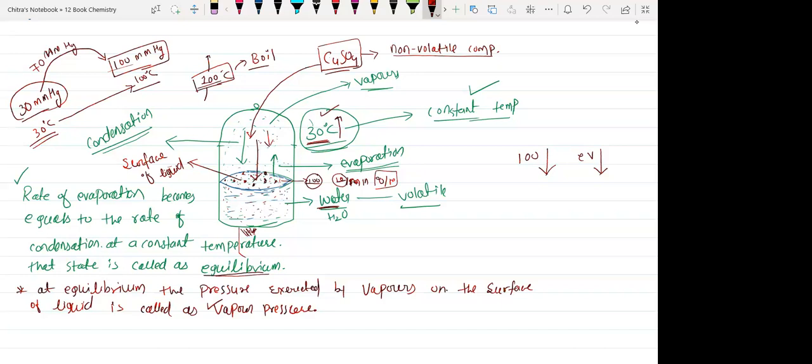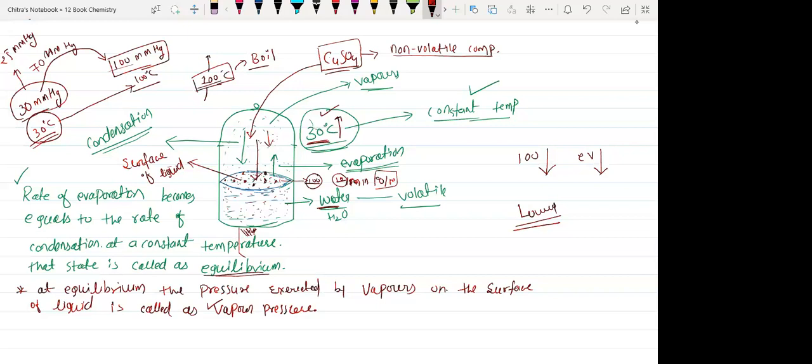That we discussed yesterday also, lowering of vapor pressure. So here lowering of vapor pressure takes place. Now, I'm considering the decreased vapor pressure as 25 mmHg at 30 degrees Celsius; the temperature is constant here.